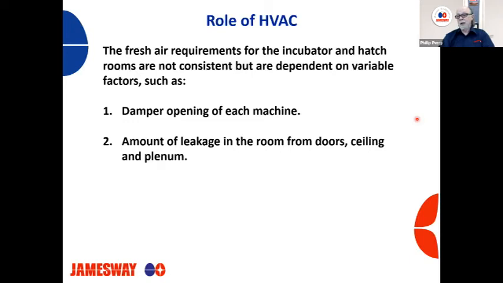Adjacent rooms, a lot of times I see a washroom, you might have an exhaust fan in that room, but you don't have any makeup air for that exhaust fan. And I've seen, when you start pulling hatch, they turn that fan on, and then our incubator rooms go negative, because the air is being robbed and pulled into another room. So we need to make sure that we don't have any leakage, or minimize the amount of leakage.